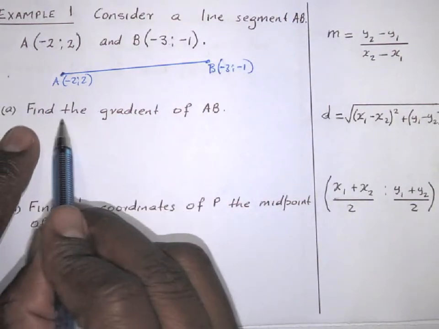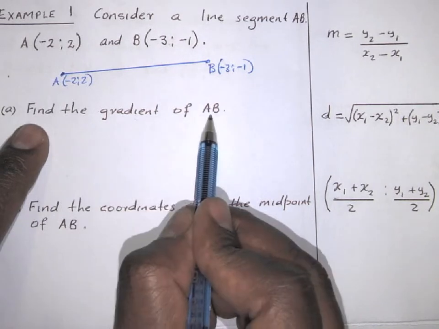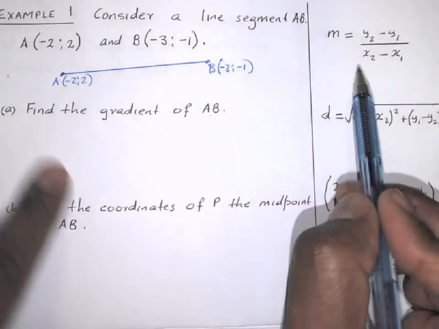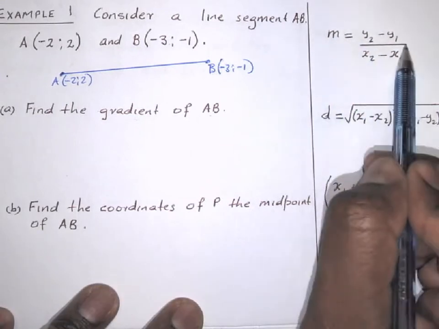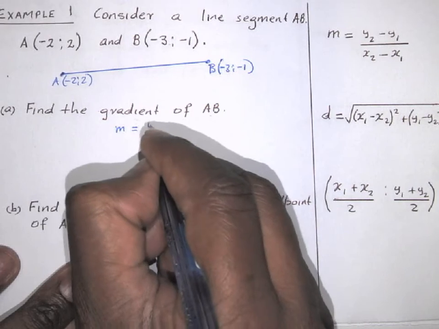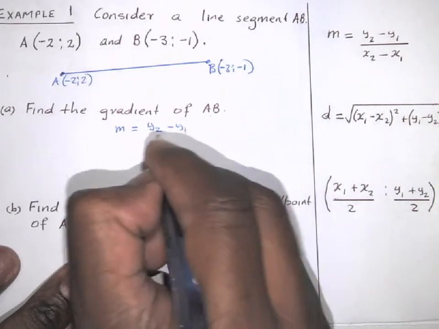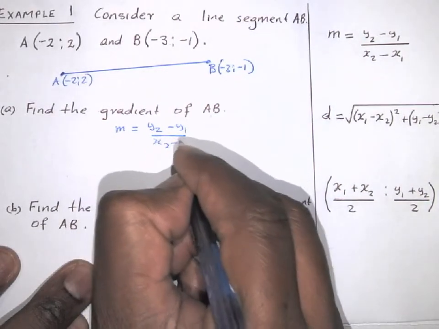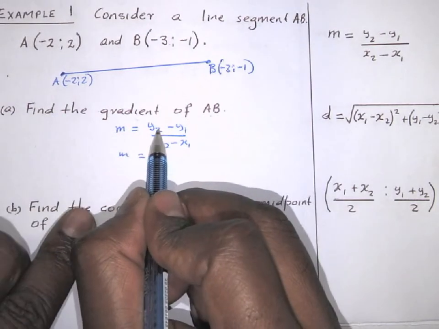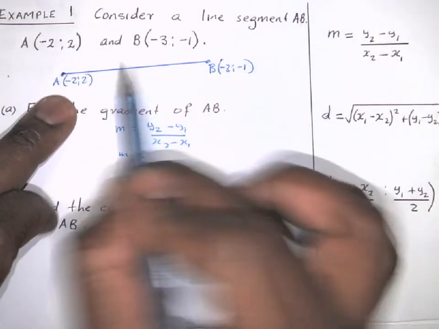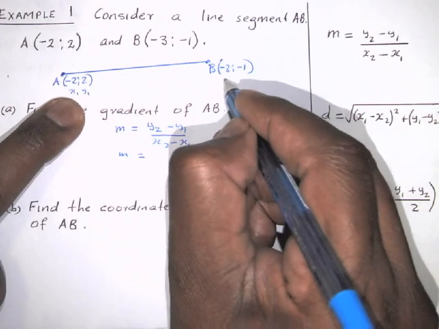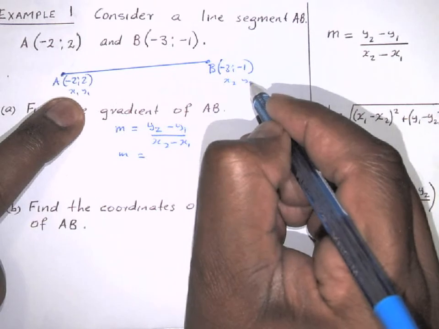Now they say find the gradient of AB. Remember that for the gradient we can use this formula here. So m is equal to y2 minus y1 over x2 minus x1. So what is our y2? Remember, this is x1, this is y1, this is x2, that is y2.